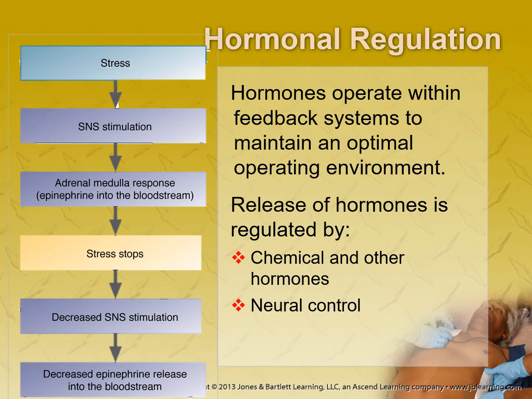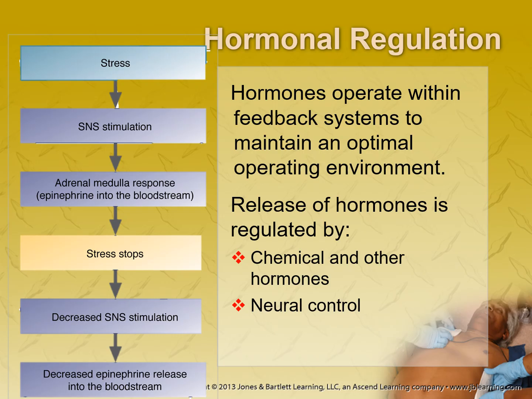So here's a little bit more about the way hormones work and our ability to adapt to our environment. Here it says hormones operate within a feedback system to maintain an optimal operating environment. We've talked about these in the past. On the right side of the slide, we see stress.